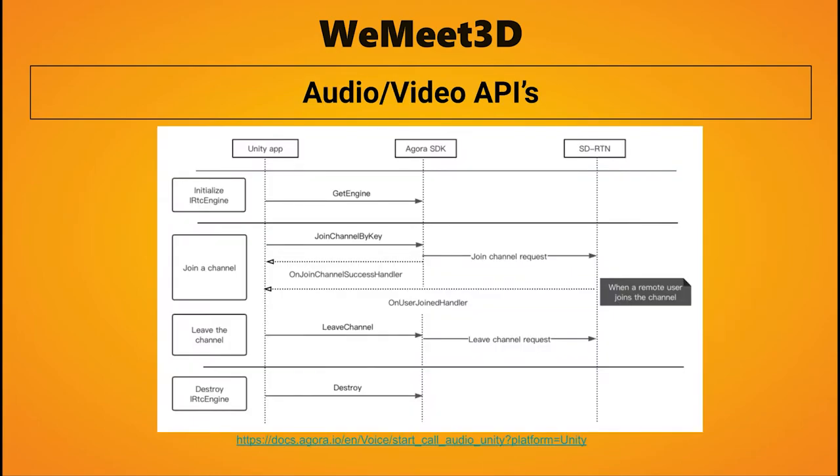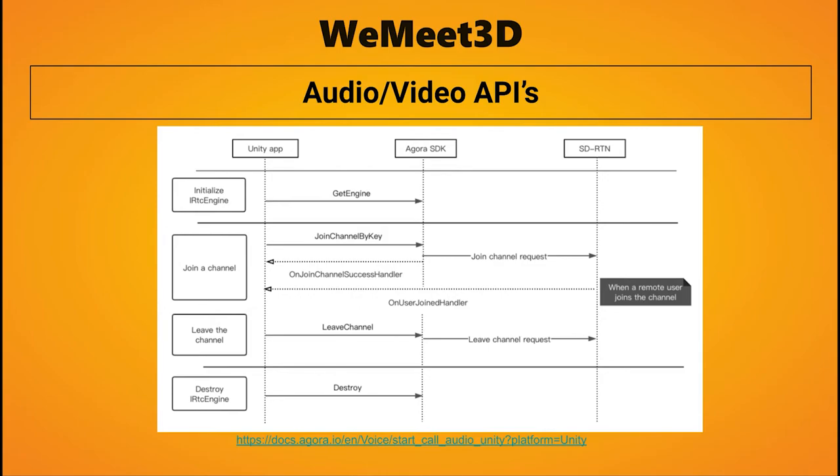For the audio and video implementation, here is an API call sequence diagram of how a basic voice and video call works between users. Once a user opens Unity and joins a meeting room in our app, the IRTC engine will be called and initialized. Once this is successful, the Join Channel API will be called based on a channel name given, and the Join Channel Success handler callback will be sent.